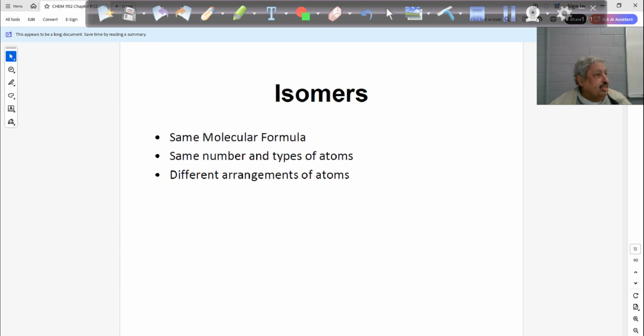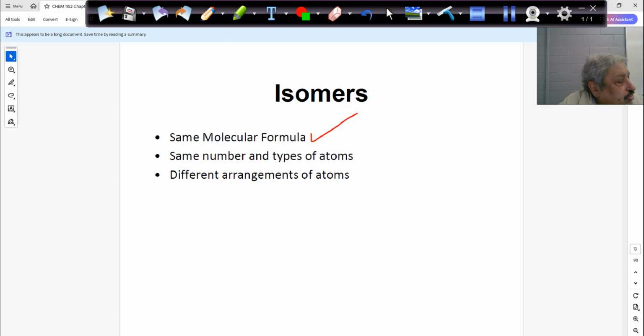Isomers, we talked about the isomers in the last topic, in the same chapter. We said isomers, typical organic compounds, they share a lot of things in common. Some of those, what you can see is they have the same molar mass, the same molecular formula.